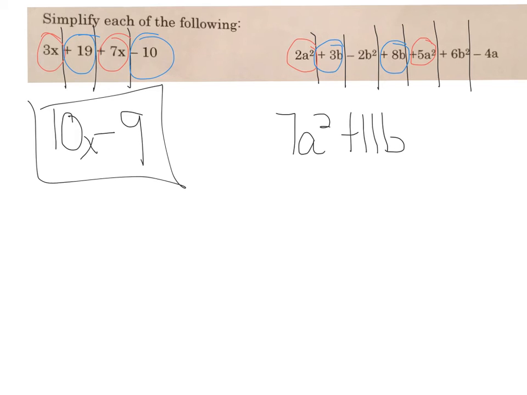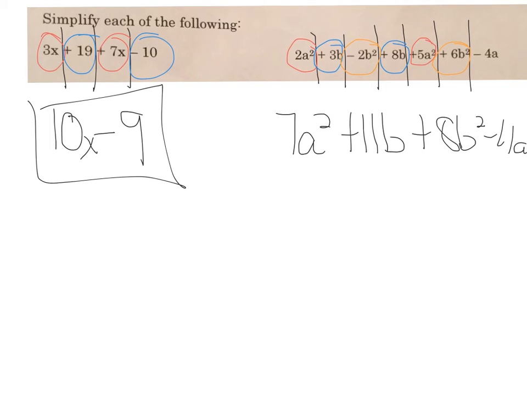Next, let's pick a different color, okay? My minus 2b squared and 6b squared. So you kind of have to think 6b minus 2b, that would give me 8b squared. And then the 4a is all by its lonesome.